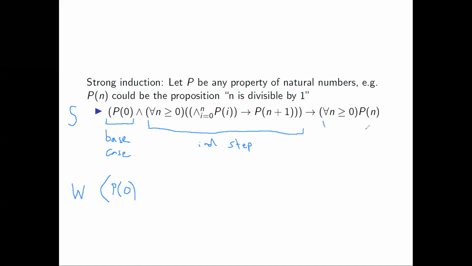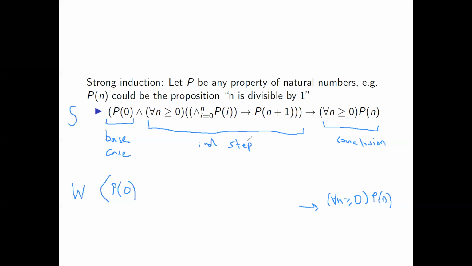And here's our conclusion. Weak induction also has the same conclusion as strong induction. So over here, we end up with the same part. For all n greater than or equal to 0, we get P of n.